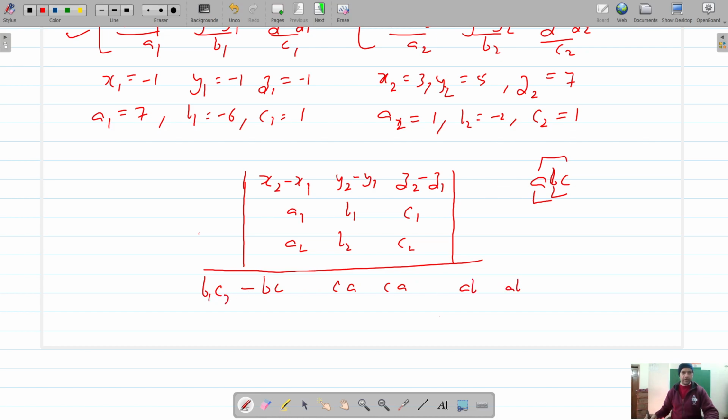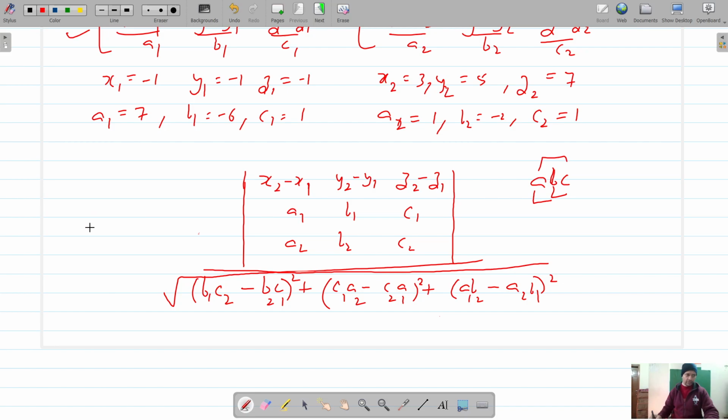So it's B1 C2 minus B2 C1, C1 A2 minus C2 A1, and A1 B2 minus A2 B1. Put in the negative sign between them, add them, square them, and take the root. That's how I remember the formula, and this is the shortest distance.